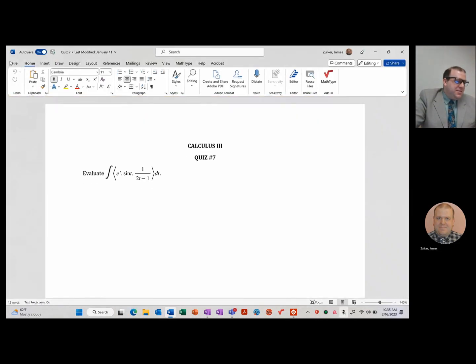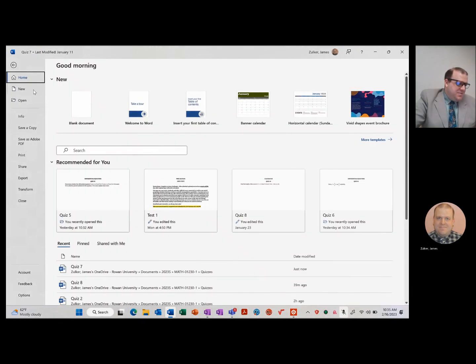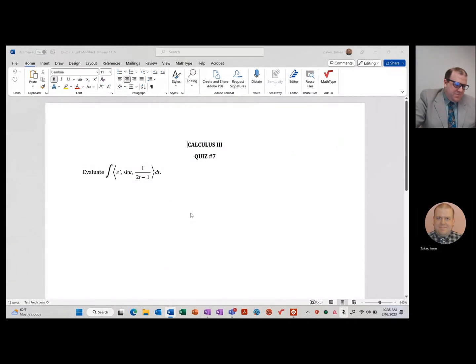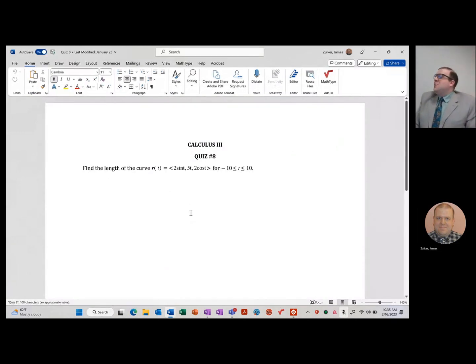That's not the one I want. That's what I want. So just do this on loose leaf paper, and then you'll turn that in instead. If you don't have loose leaf paper, I happen to have some with me.